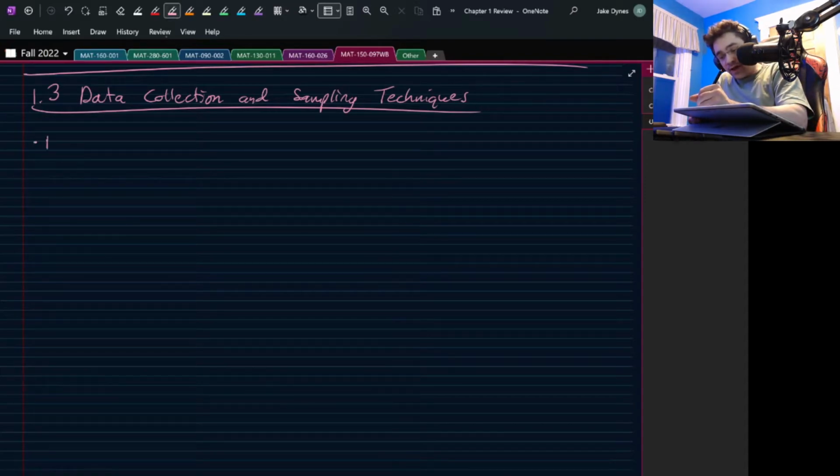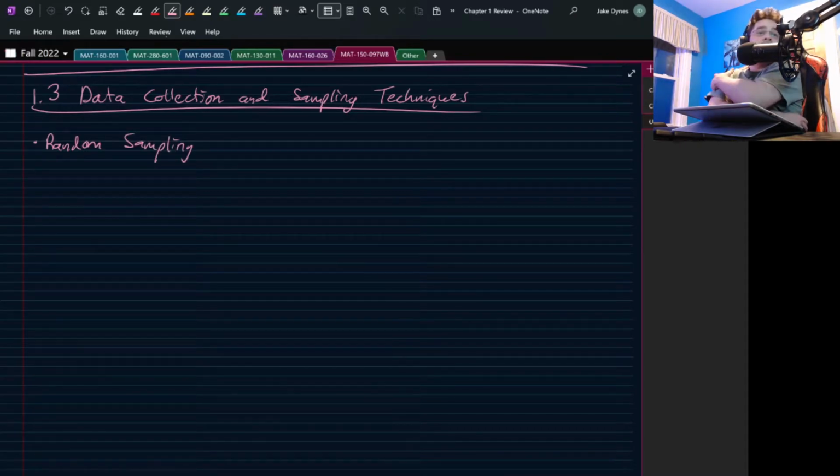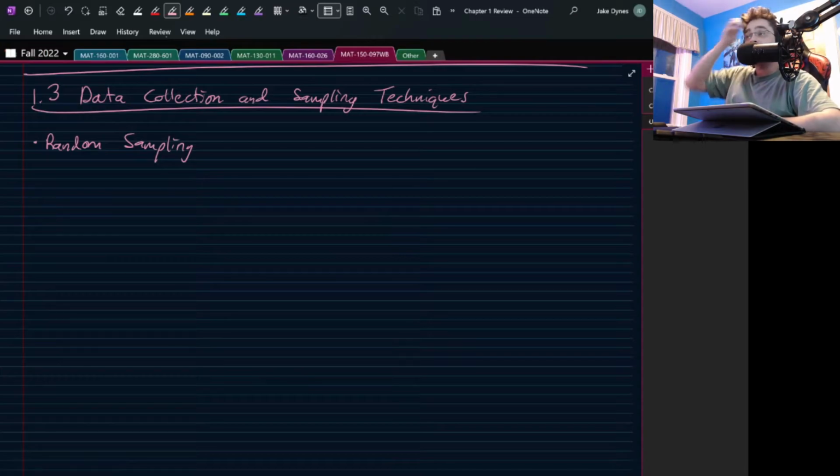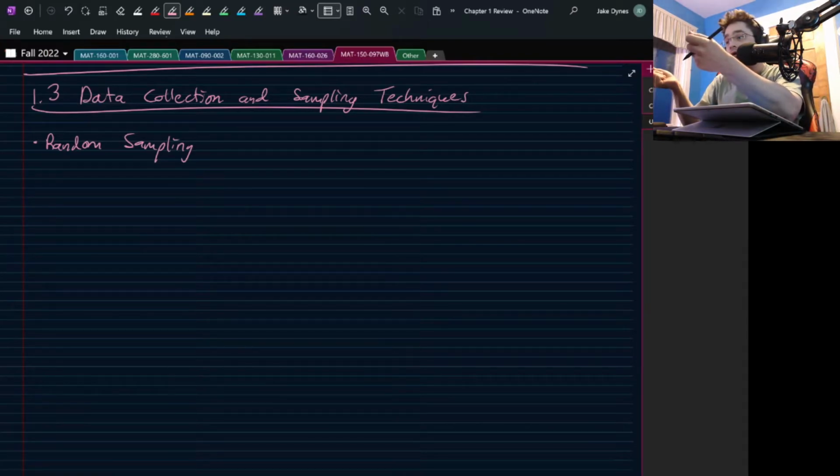Number 1, we've got random sampling. And random sampling is when all members of a population have an equal chance of being selected. So say it's a lottery, right? Everybody's assigned a number, or a raffle.